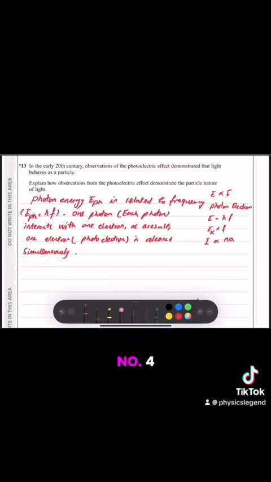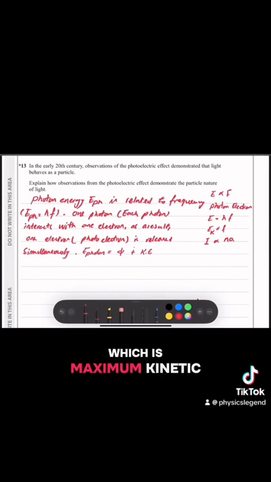To get point number 4, indicative point 4, there is one formula that is very famous in the photoelectric effect, which is E of the photon equals phi plus kinetic energy, which is the maximum kinetic energy. Remember this formula.